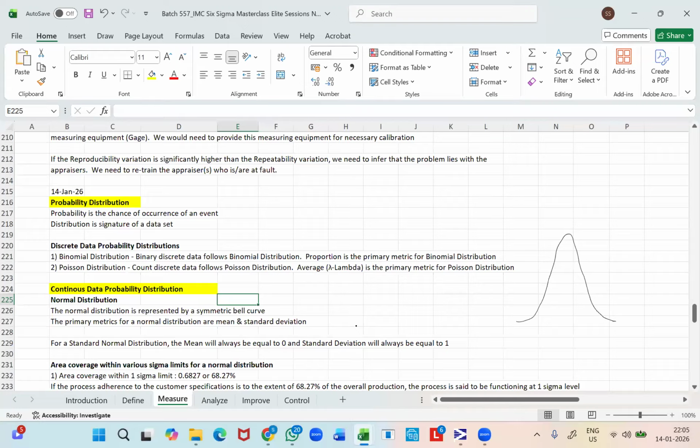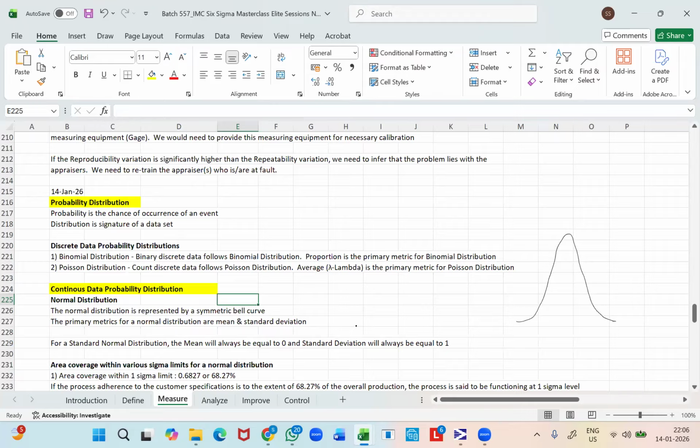And one more important thing is that the primary metrics for a normal distribution are mean and standard deviation. While proportion is the primary metric for binomial distribution, and average is the primary metric for Poisson distribution, the primary metrics for normal distribution are mean and standard deviation. So for a normal distribution exercise, you'll be provided with the historical performance in terms of mean and standard deviation, right?